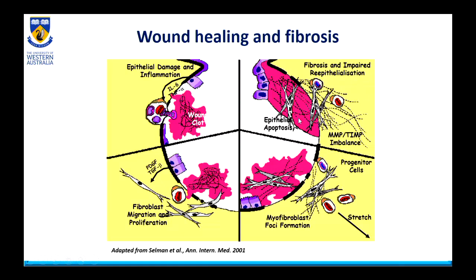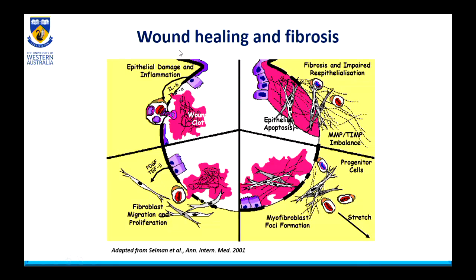And then you get an imbalance of your proteases, matrix metalloproteinases, and their inhibitors, the TIMPs, the tissue inhibitors of metalloproteinases. There's an imbalance more towards the inhibitors. What the proteinases do is break down the matrix, so if there's more of the inhibitors, they don't break it down and it just keeps building up.